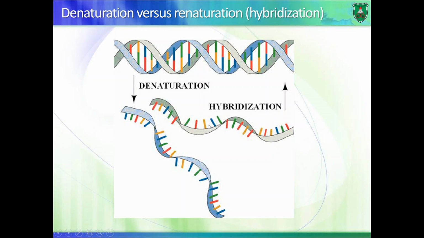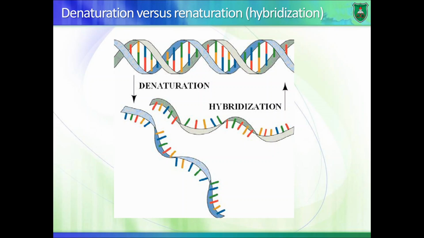That is, the two strands come back together, forming hydrogen bonds to the exact original shape. Why? Because the two strands are complementary to each other, so you will have the reformation of the original DNA molecule.